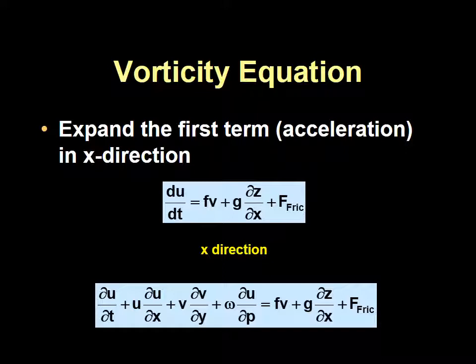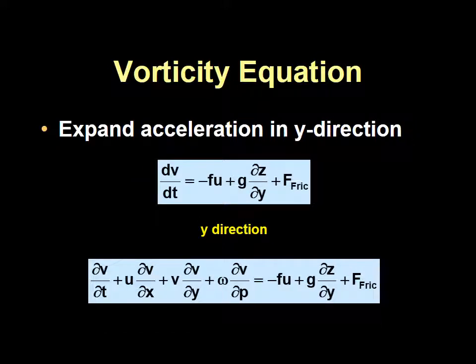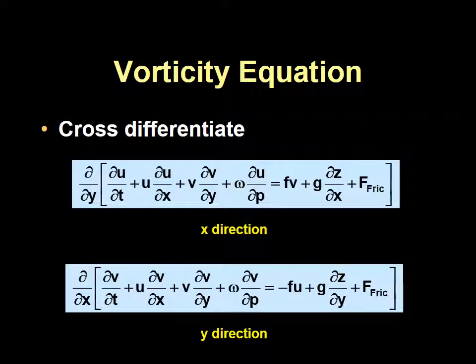You see a lot of derivatives, and those derivatives all are a result of breaking up or expanding the Lagrangian derivative. We can also do that in the y direction. Make sure that what we're doing here is breaking up the left-hand side, the acceleration term, into its Eulerian and advective terms.